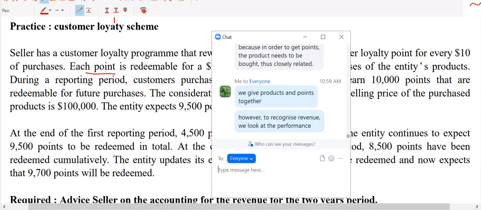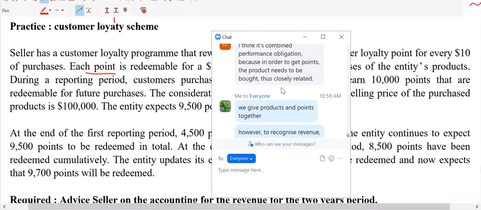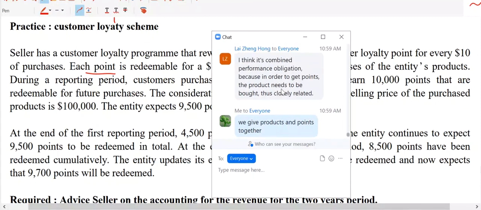So Zheng Hong's explanation was, in order to get the points, the product needs to be purchased, so they are closely related. This is a very typical and common example where students are confused and misunderstand what a performance obligation is. It is not at the point of giving. It is after that. What do we have to do? Our performance obligation.